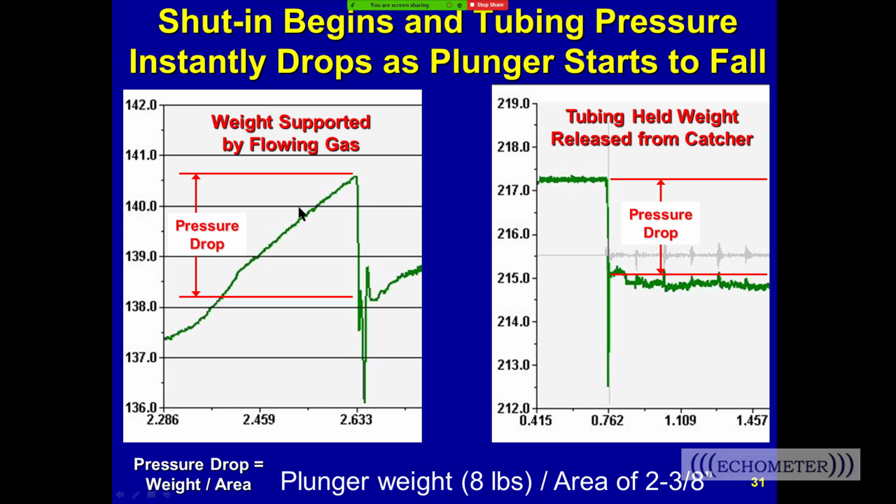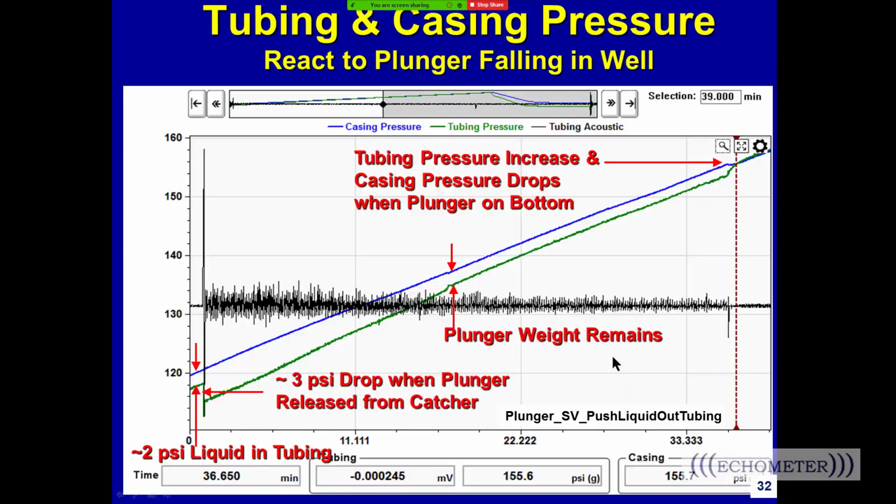So here the well releases the plunger itself by increasing tubing pressure, and here the auto catcher releases the plunger, or you release the plunger from the catcher. And so the behavior of the signal is somewhat different, where the well builds up the pressure and releases the plunger, and here the catcher was open to release the plunger.